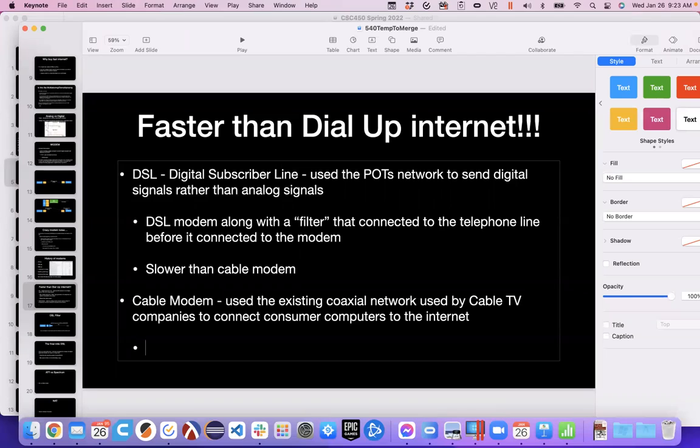Now, cable modem, the early cable modems were actually somewhat problematic because they were only one directional. So you would actually have to have a telephone line and a cable modem, because you would download over the cable modem, but you would use the telephone line to send your request. Because you couldn't send a request through the coaxial cable, you can only receive on the coaxial cable.